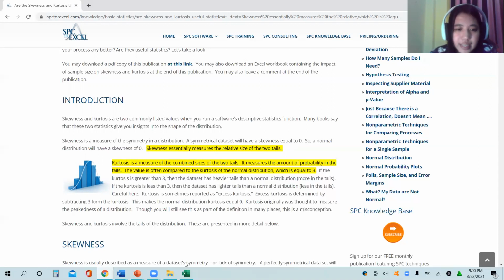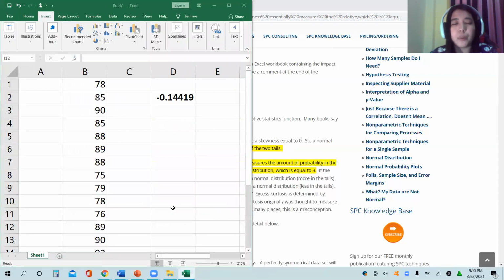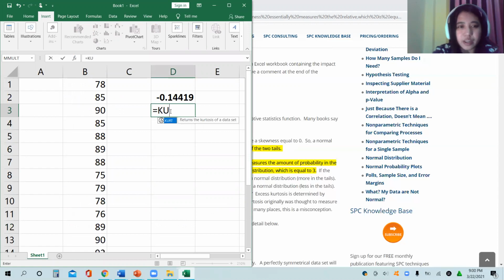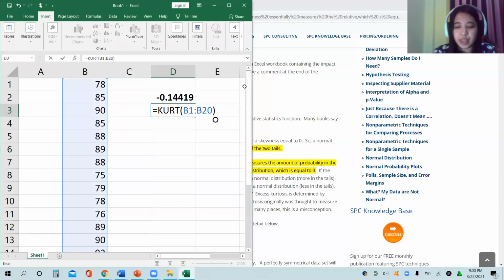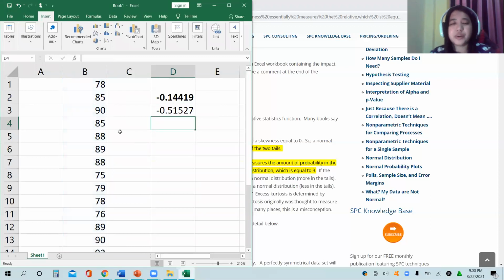So let us check the value. How do we compute the kurtosis? That is equal sign, KURT, open parenthesis, again select our data, close parenthesis, and enter. So there you go, it is negative 0.51.